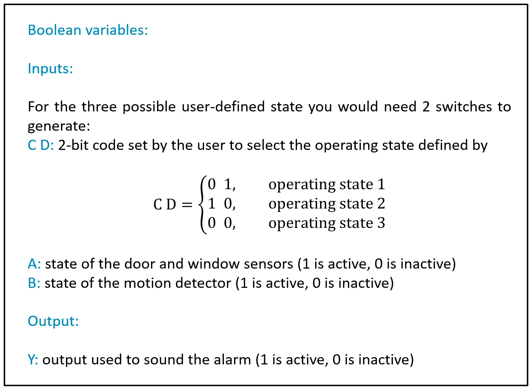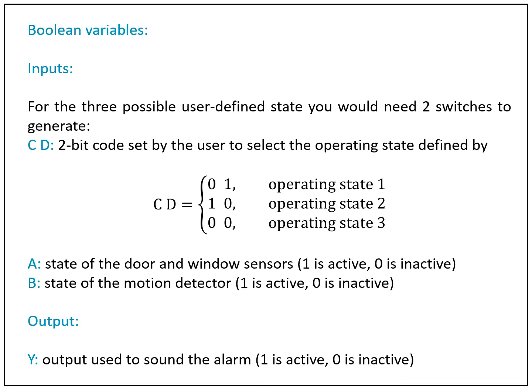However, when CD is equal to 1, 0, meaning that switch 1 is off and switch 2 is on, this way the second state will be operated. And when both switches are off, that simply means that we have the disabled state active. So this is the first input, which is the user input represented by C and D.